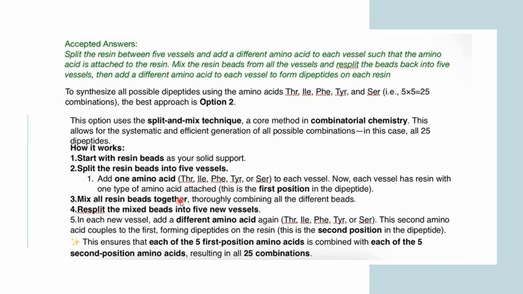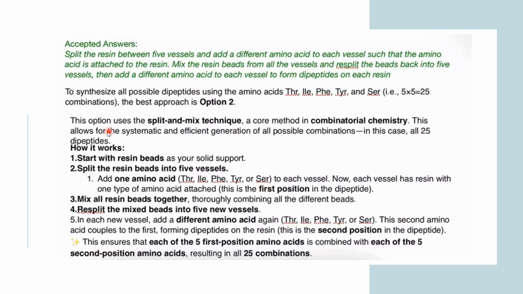The possible dipeptides which could form with these five amino acids could be 25 combinations. So 25 combinations are possible if you are combining dipeptides using five amino acids, as illustrated here.